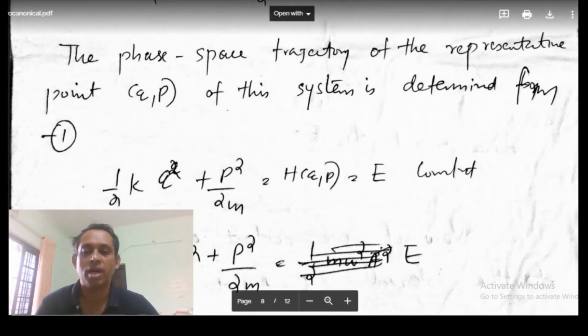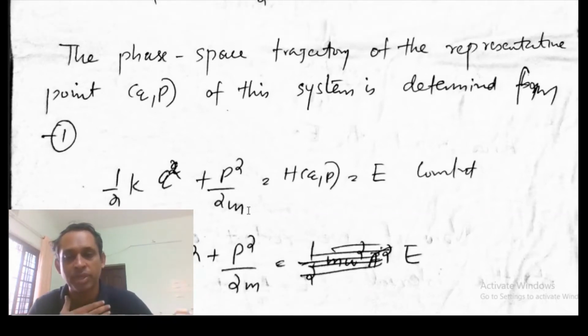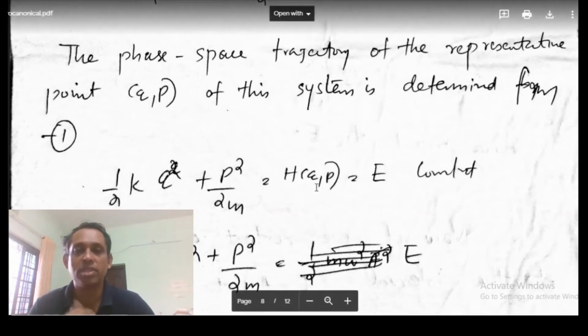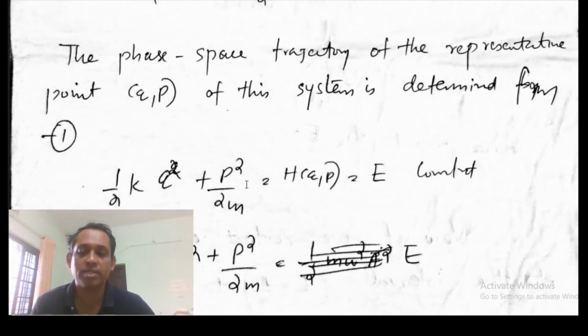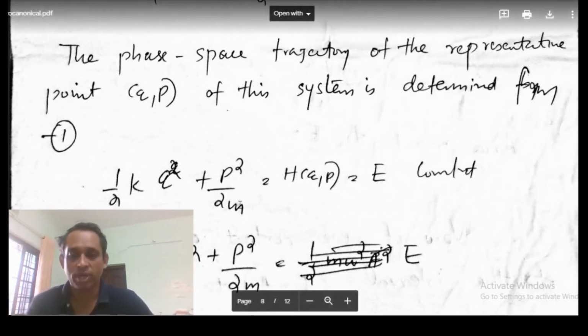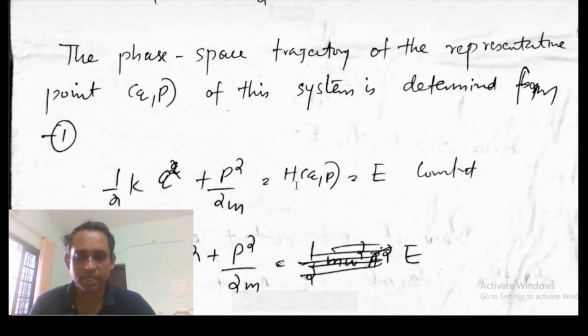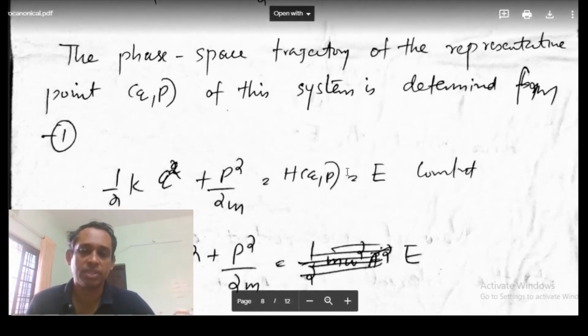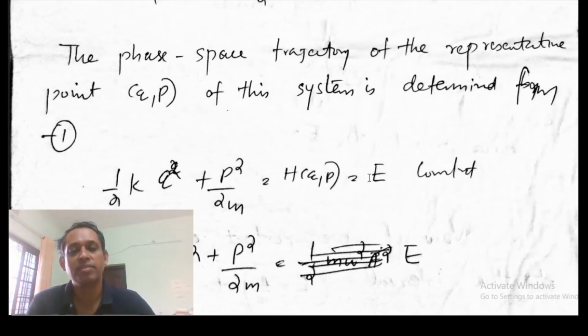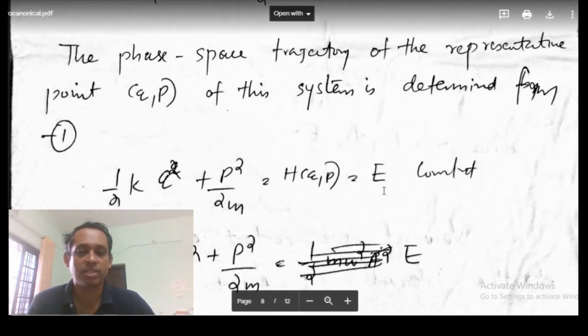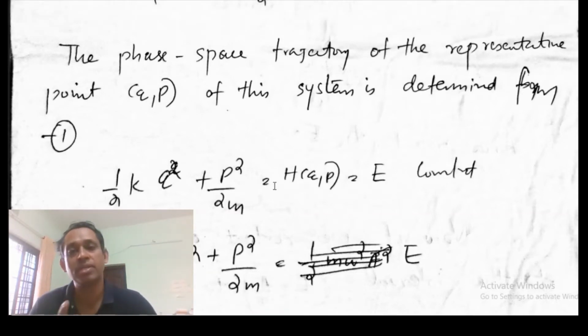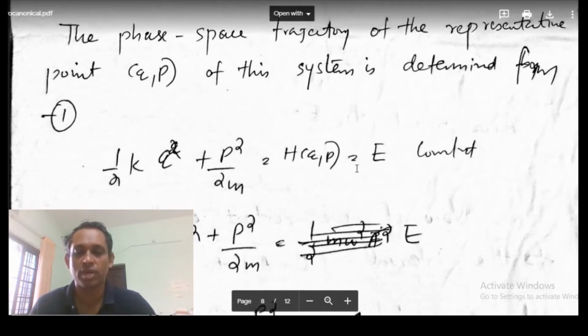Here, half k q square plus p square by 2m is the Hamiltonian, and it has two square terms, but they are not independent because the Hamiltonian is equal to a constant. So there is only one independent square term, and we say the degrees of freedom is 1.